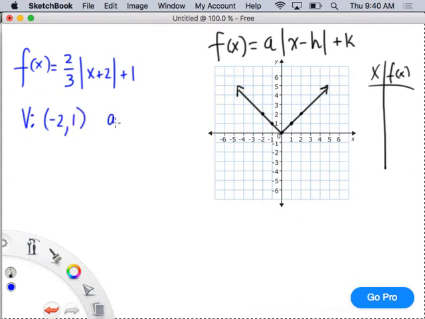And what's the slope? 2 over 3, right? So the only difference here is the slope is a fraction. So it's -2, 1 is my vertex. And it's rise over run, so I go up 2 over 3. Up 2 over 3. Up 2 over 3, and up 2, I don't have enough room, but it would probably be somewhere like there.